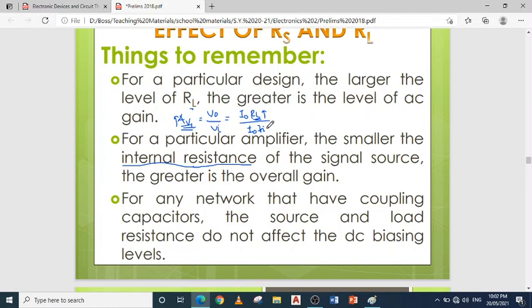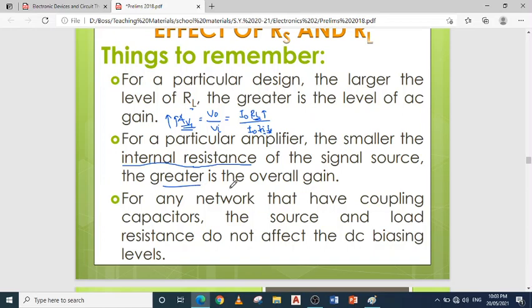So, kapag mababa yung RS natin, since nasa input side siya, say this is the RS, habang bumababa yan, of course, tumataas yung AV, AVS natin. Okay? They are inversely proportional. So, the smaller the internal resistance, the greater the overall gain.